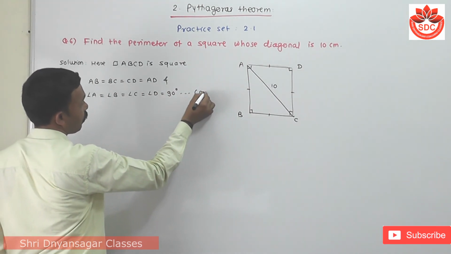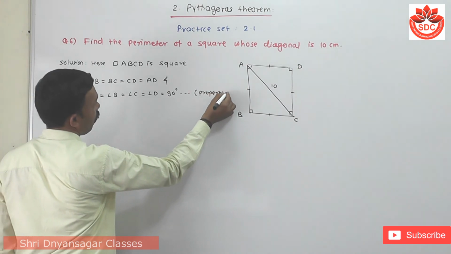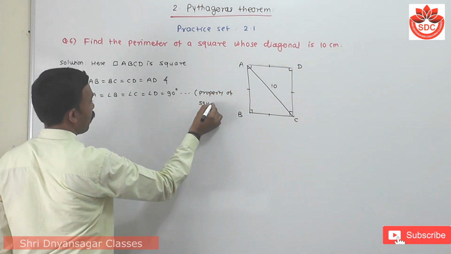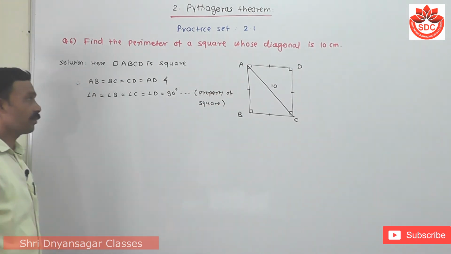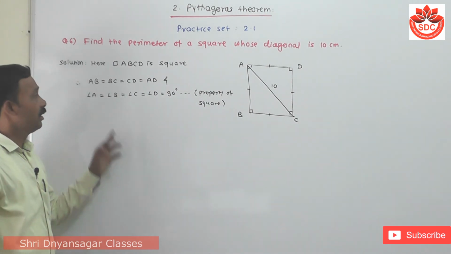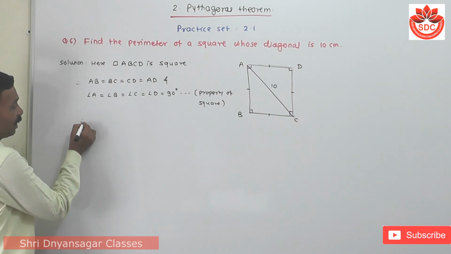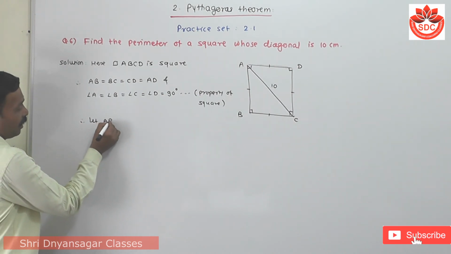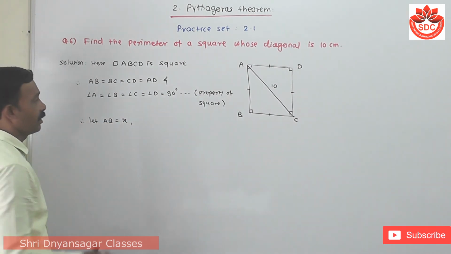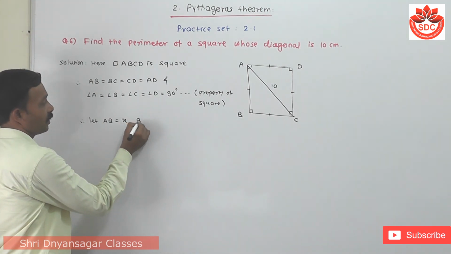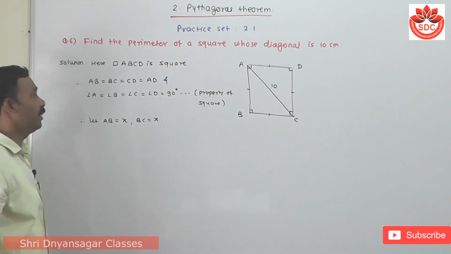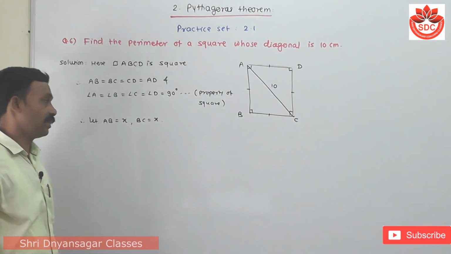This is the property of a square. Let us take the side as another variable. Suppose that x, let AB is equal to x, BC is also x, meaning the remaining values are also x.